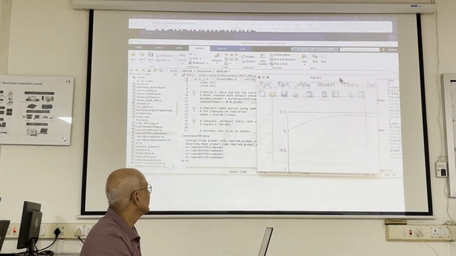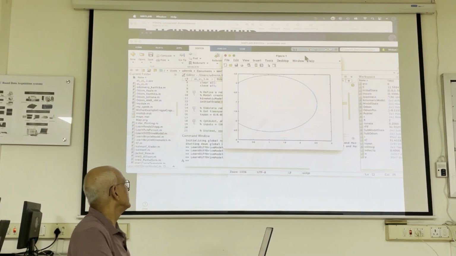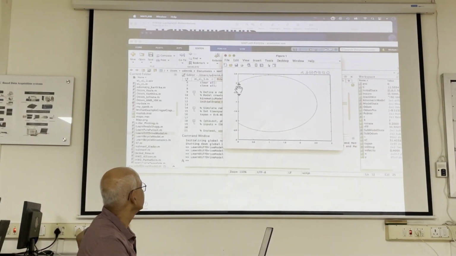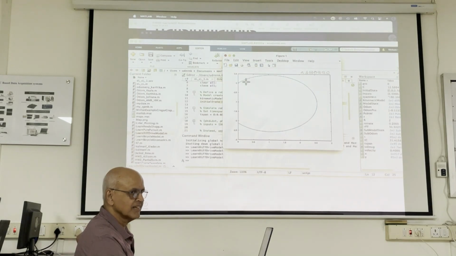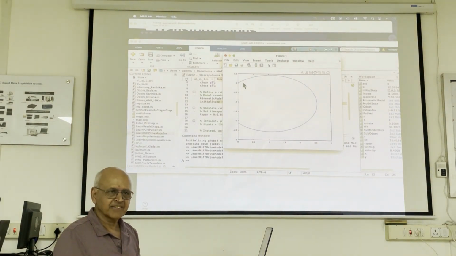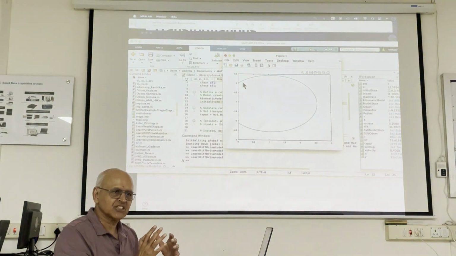So I still started at 0, 0, but it was pointed in this direction. Got it? It's still doing the same fraction of the circle, but we put it on a different orientation.